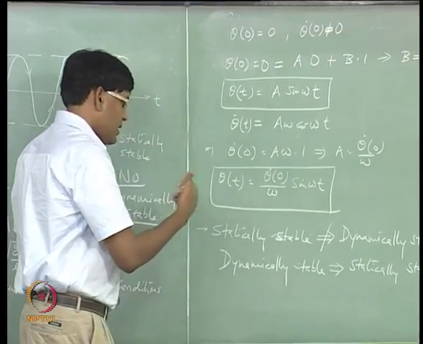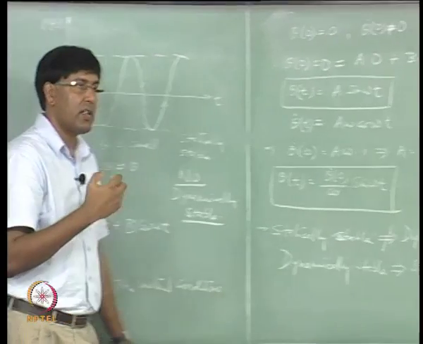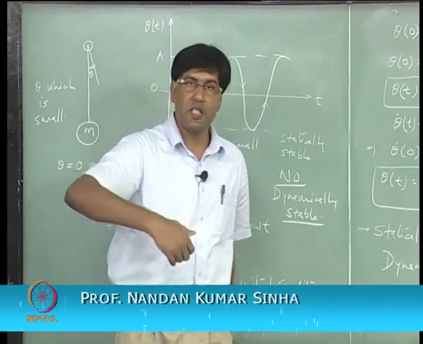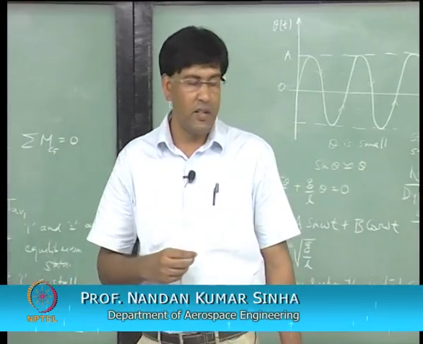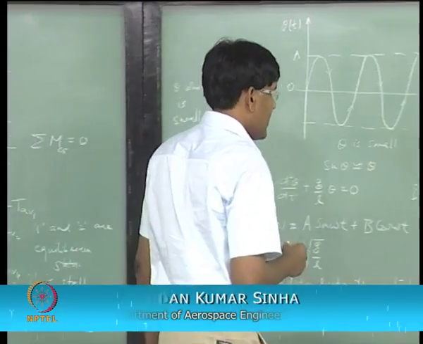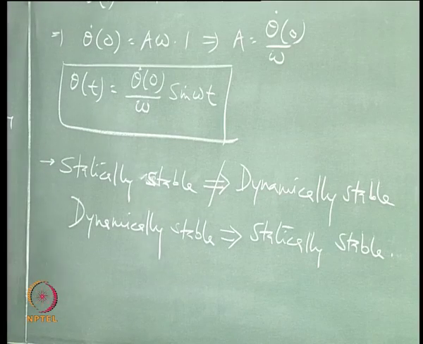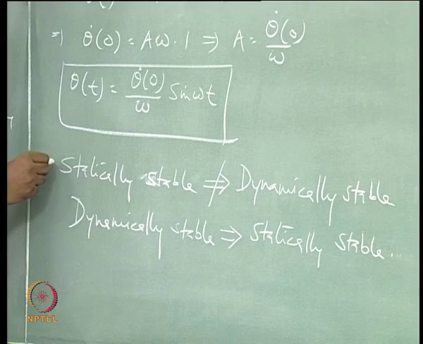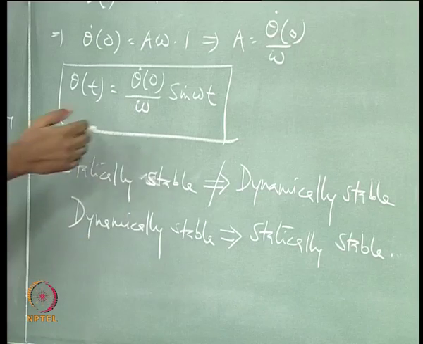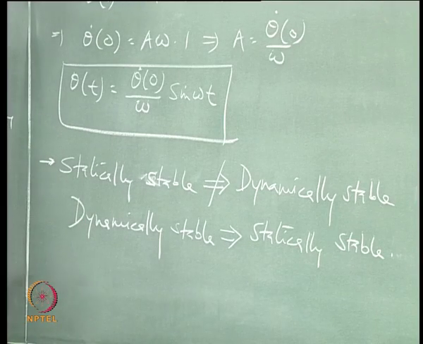There we just have to look at how the restoring forces are behaving with respect to the change in state of the system, and from there we can get some information about the stability of the system. But in this case we have to look at the equations of motion, which is more difficult.